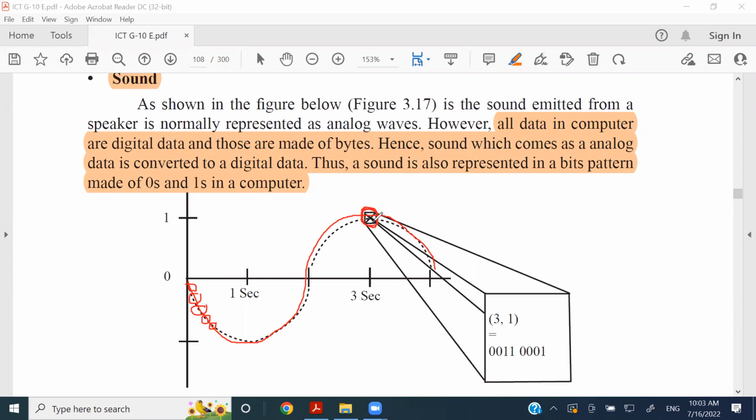So they have taken this point. This point has 3 and 1 as its coordinates. 3 is converted into some particular binary code and 1 is converted into some particular binary code. Likewise, each and every point in this wave will be converted into a binary pattern, so this analog signal can be stored as a digital signal that you can see over here.